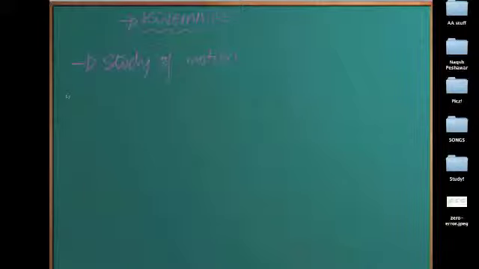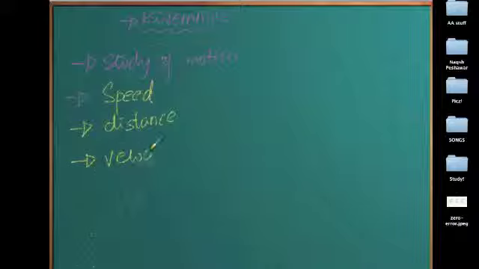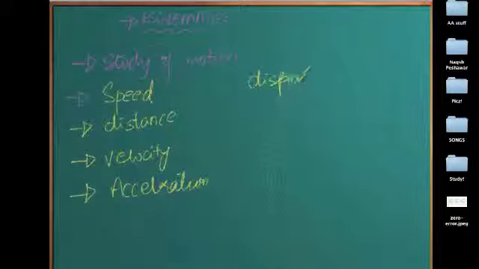Now some of the quantities that you have to familiarize yourself with are, first of all, speed, distance, velocity, acceleration, displacement, and time.